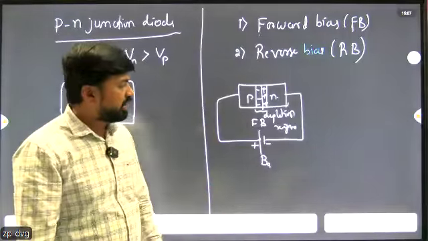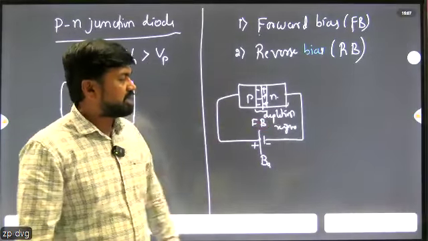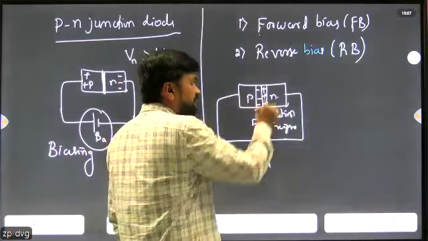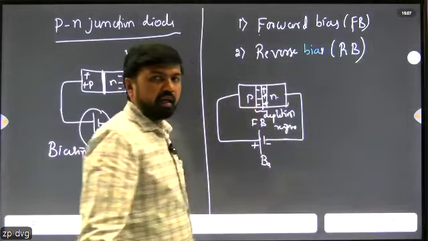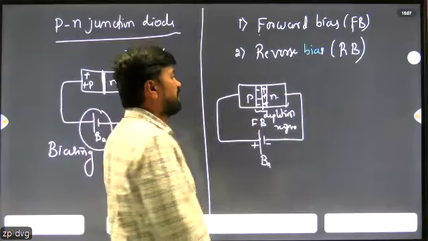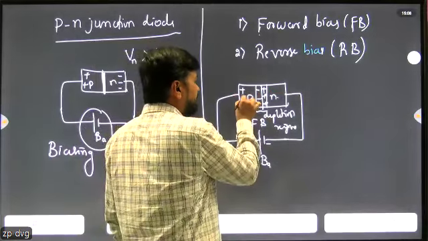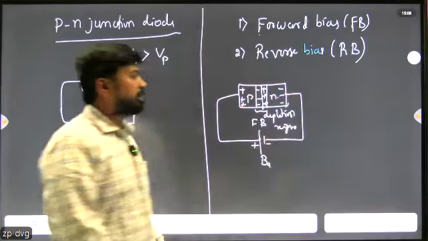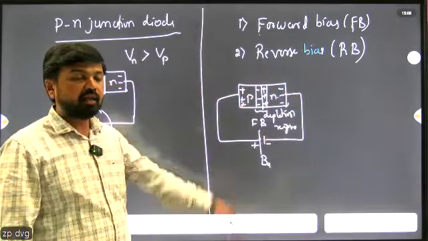We learned this in the last class. Here, in forward bias, the P side is connected to the positive terminal and the N side is connected to the negative terminal of the battery. The majority charge carriers in the P side are holes. The majority charge carriers in the N side are electrons.